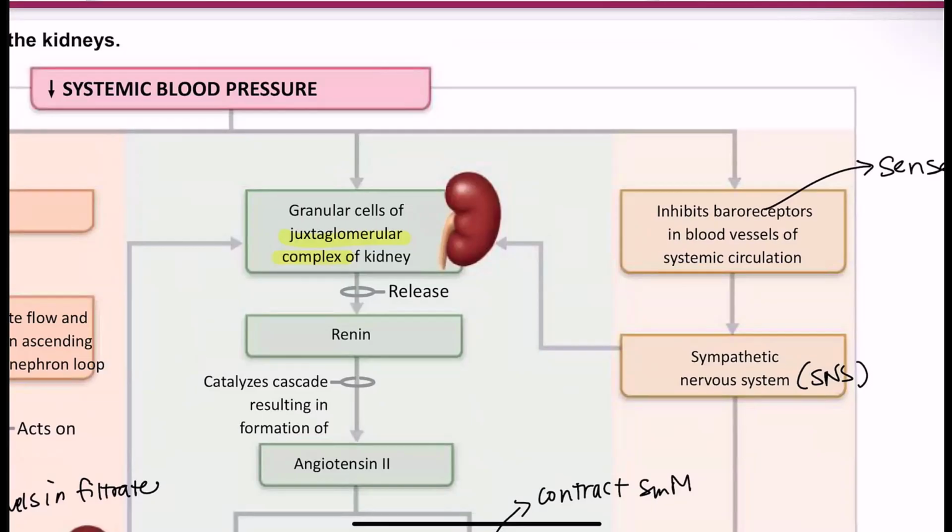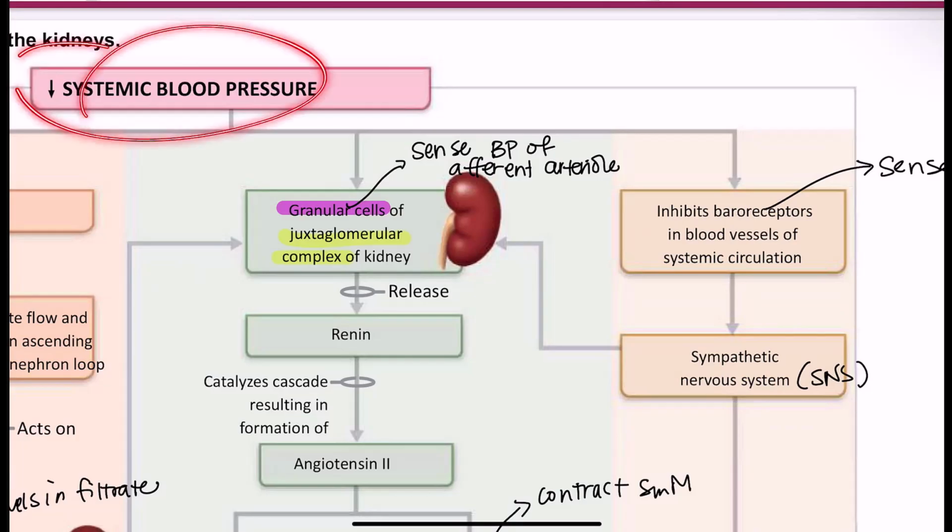And those cells are called granular cells. Granular cells sense blood pressure of the afferent arteriole. If that blood pressure of the afferent arteriole falls, because systemic blood pressure also fell, then this is going to activate and release this hormone called renin from the granular cells.